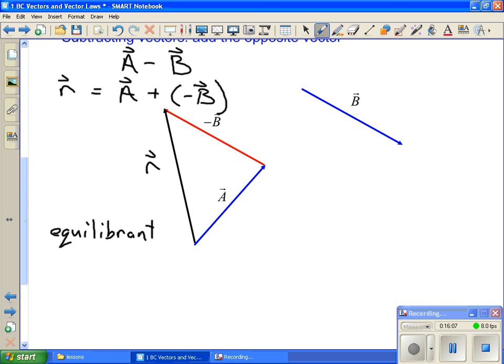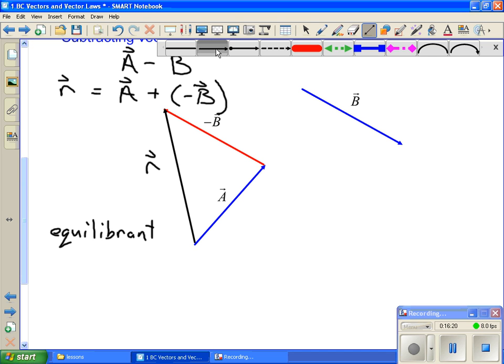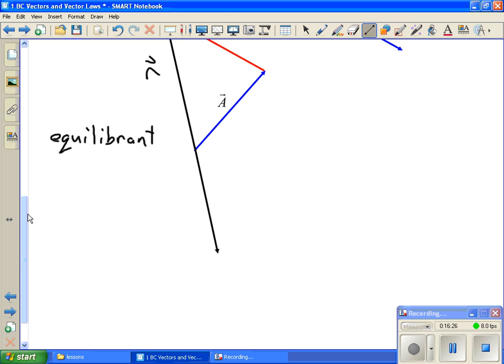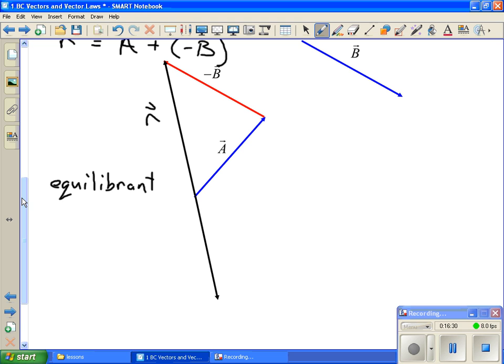So if this is vector R right here that results from subtracting A and B, the equilibrant would be the same vector, but just going in the opposite direction. Let's see. So I'll put a little dot there so you can tell the difference between them.